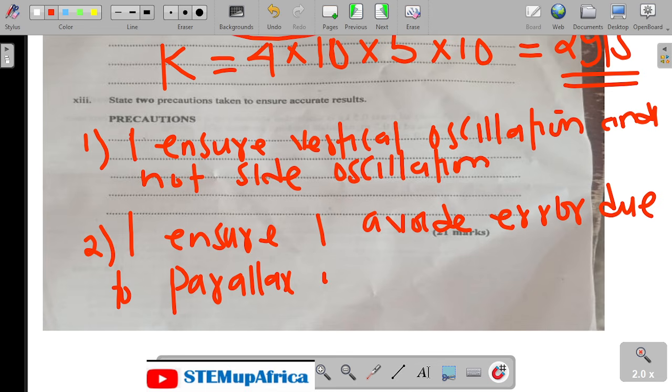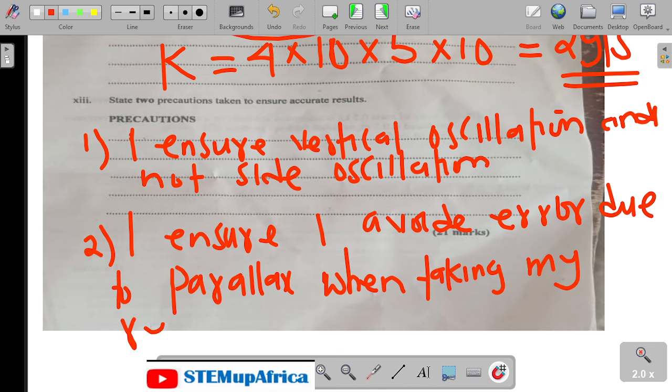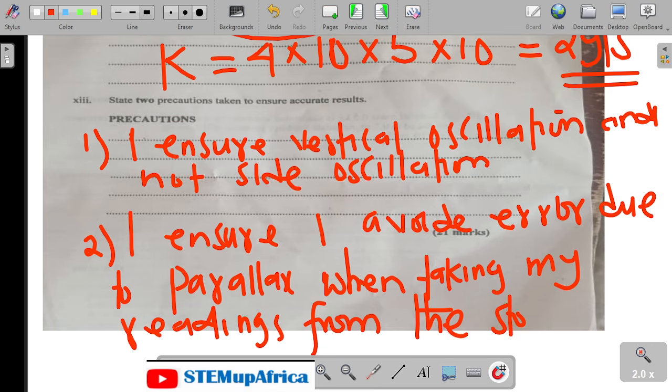You state it when taking my readings from the stopwatch. You must state that device where you avoid that error, from the stopwatch. So let me make it 3. You can write any 2.